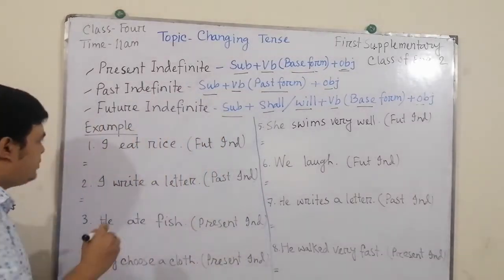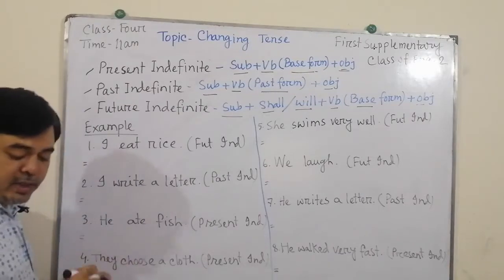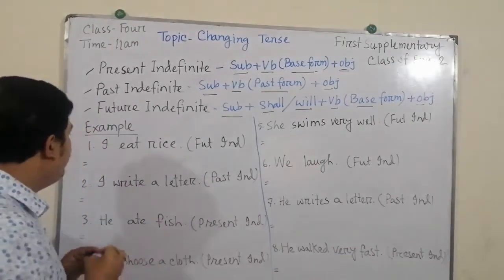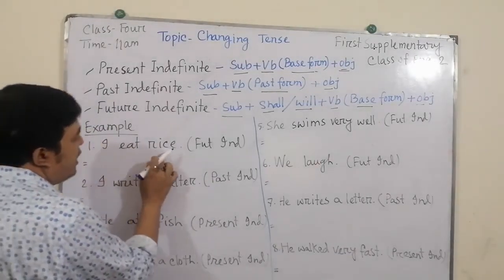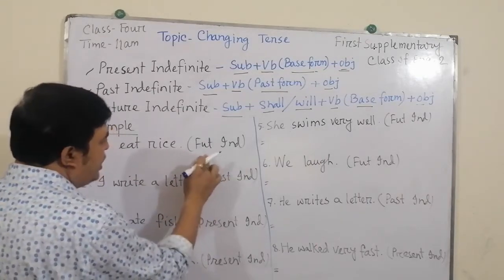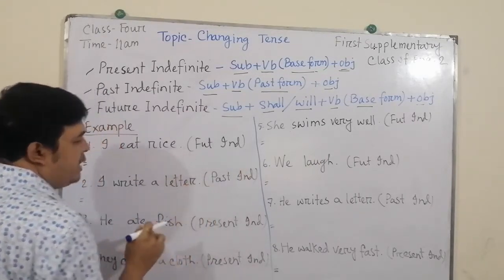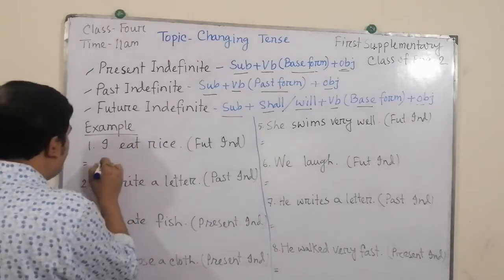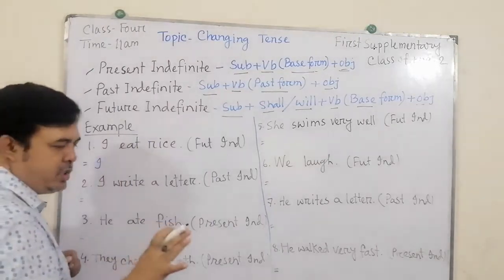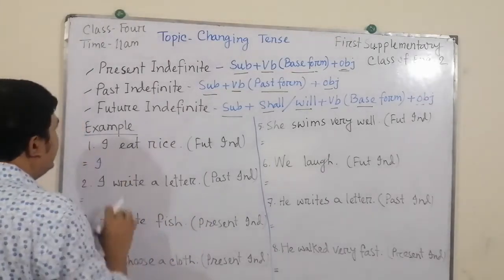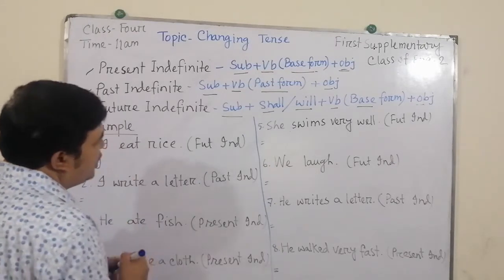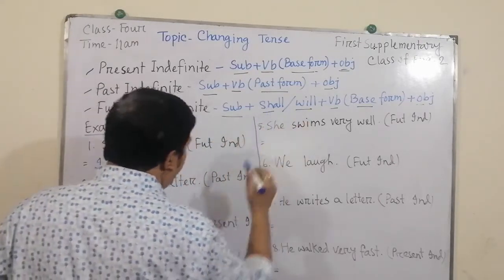Here is the first sentence for you. I eat rice. Future indefinite. What will we make? Future indefinite. So the subject will be unchanged as it is, subject I. Then to make future indefinite, what we need after the subject? Shall or will.